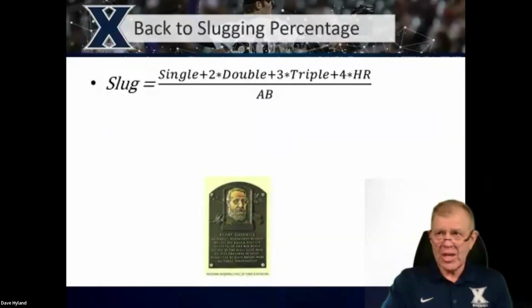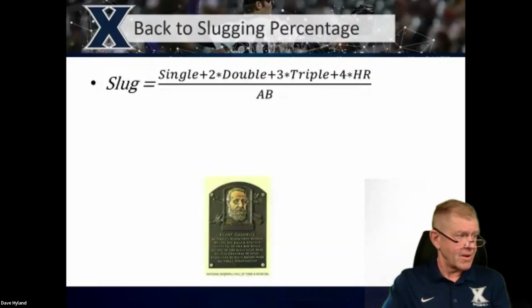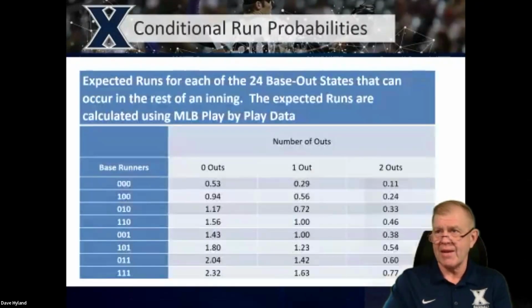How much does a single really score on average? How much does a double really score on average? We're also going to need to throw in a value for walks, because walking is valuable, and maybe a value for hit by pitches. If we went beyond hitting, we'd think about stolen bases and caught stealing, which would be a negative. So let's think about how we would go about doing this.